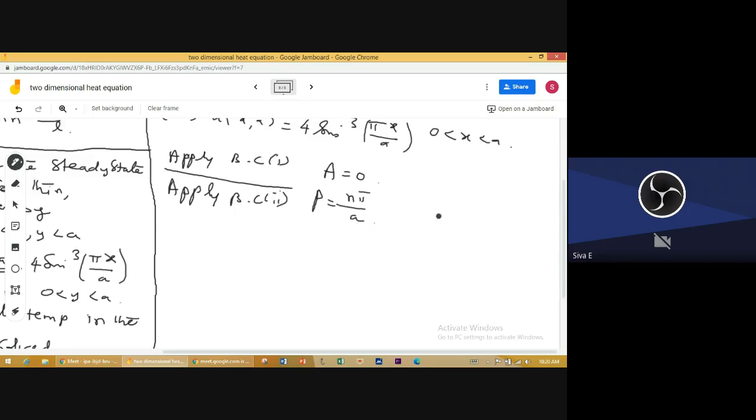In the previous problem the length is L, but here the length of the plate is a. Therefore applying boundary condition 2, you get p equal to nπ/a. When you are applying boundary condition 3, what do you get?